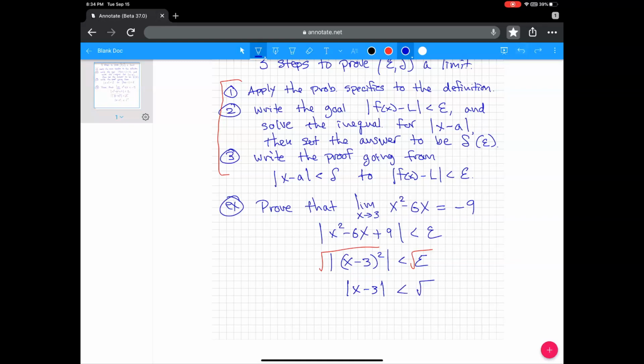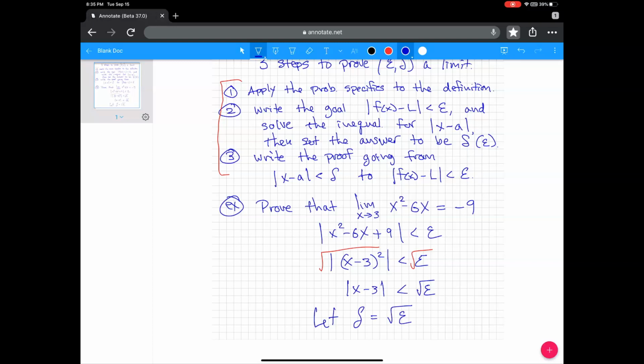So what does this mean? This means that if the absolute value of x minus 3 is less than the square root of epsilon, then working the logic back up, that means that x squared minus 6x plus 9 will be less than epsilon, which is what we need to make our proof. And so what we do is we then let our choice of delta be equal to the square root of epsilon.